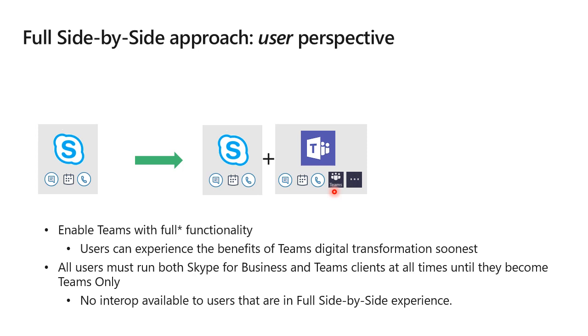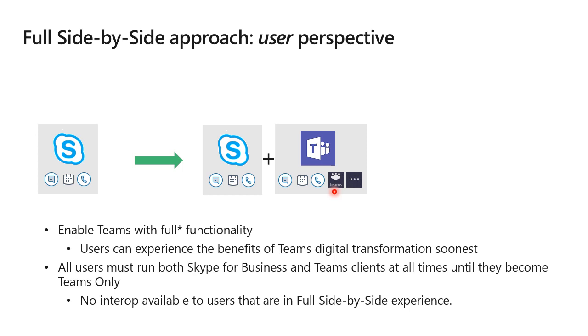Now, as we get the full side-by-side approach in full deployment mode, we want to ensure that we've deployed the Teams application to all of our end users as rapidly as possible, and that we've leveraged our adoption and change management strategies to ensure that our users are starting to now begin to develop that habitual usage of the Teams application.